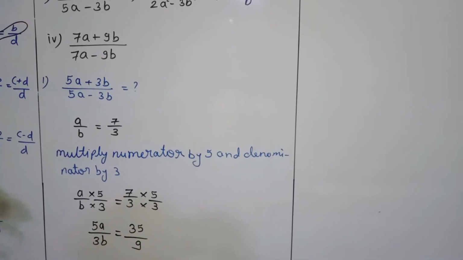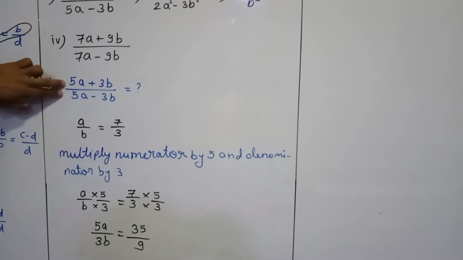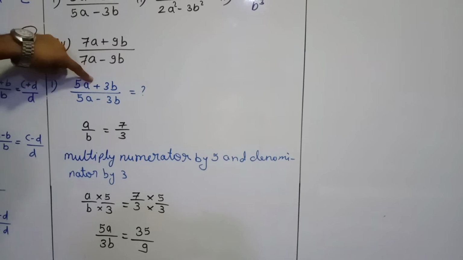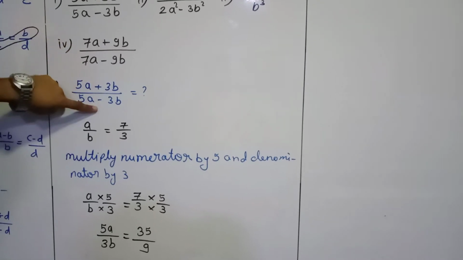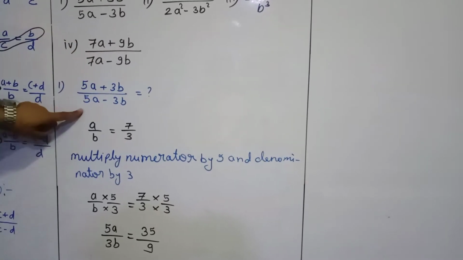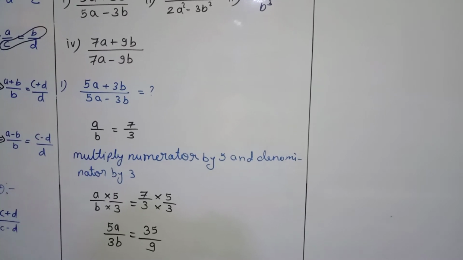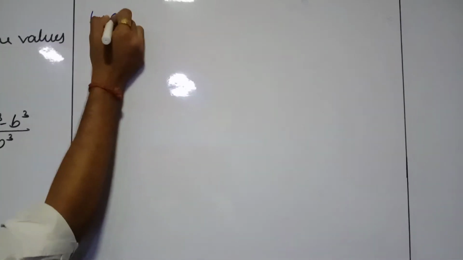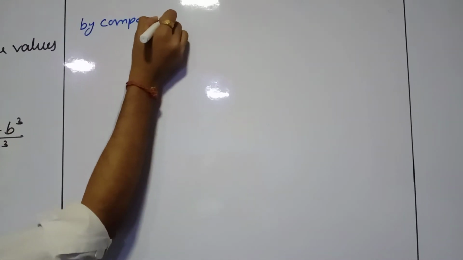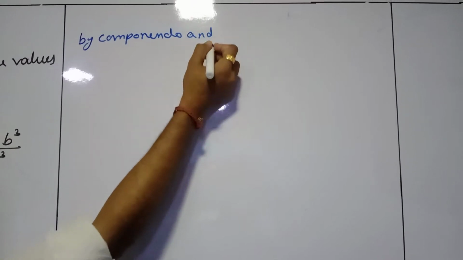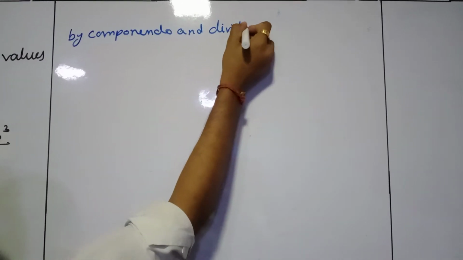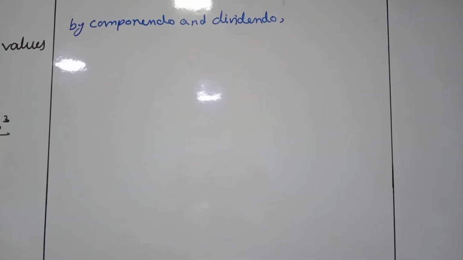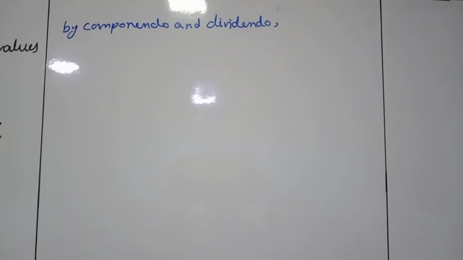Now the next important thing is which operations are used here on the equal ratio. In the numerator we have addition and in the denominator we have subtraction, which means componendo and dividendo. So let's apply componendo and dividendo, the mathematical operations on equal ratios.